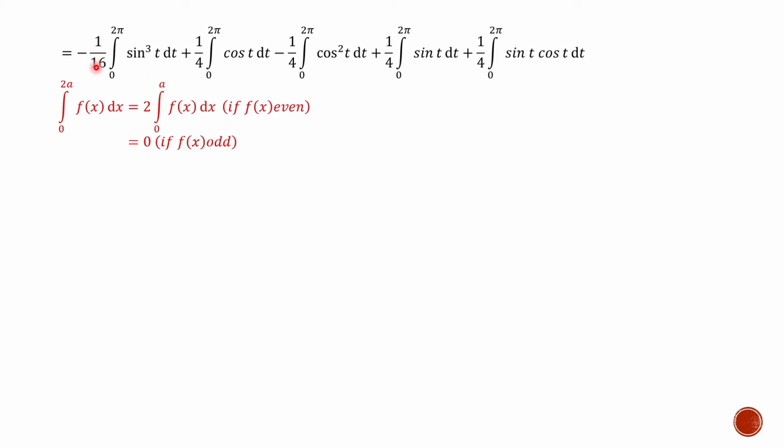Then we use the property of the integral from 0 to 2a of f(x) dx.